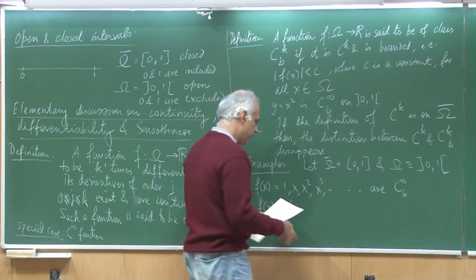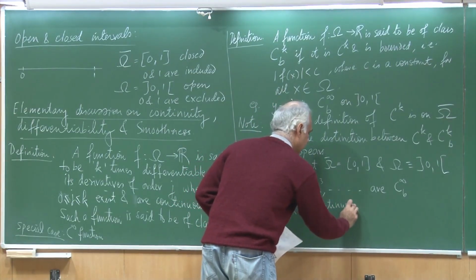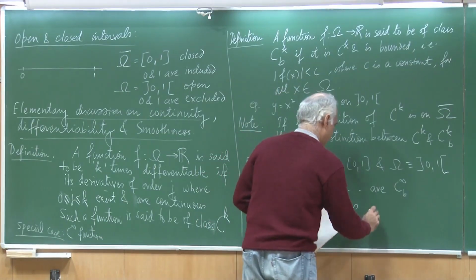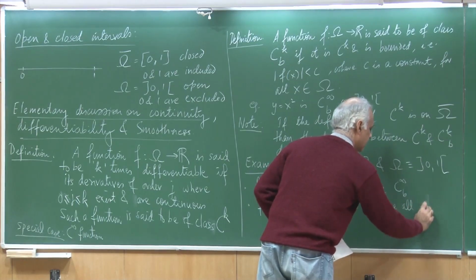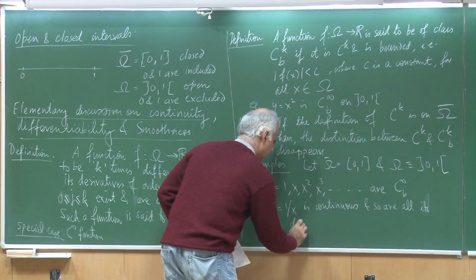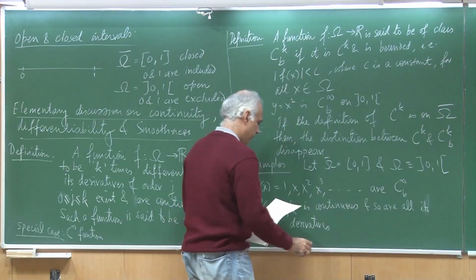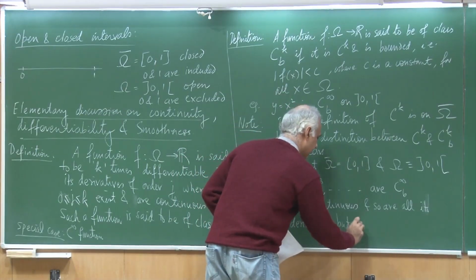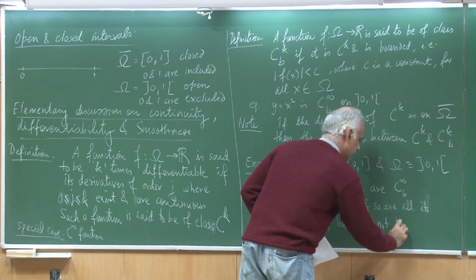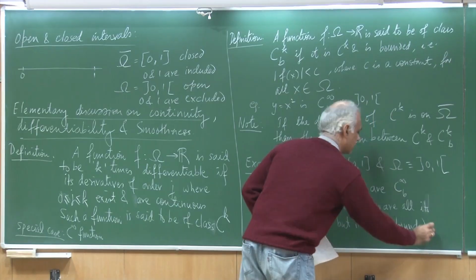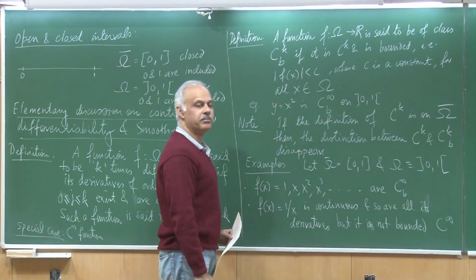So this function is continuous, and so are all its derivatives, but it is not bounded. So therefore it is a C infinity function, but not C infinity B.